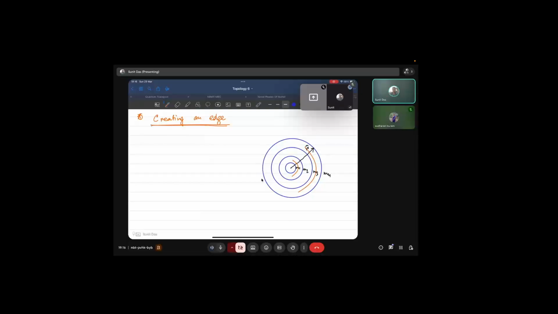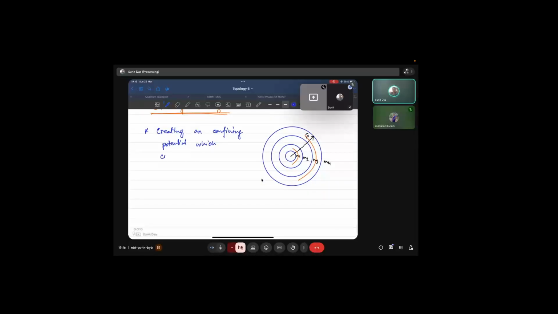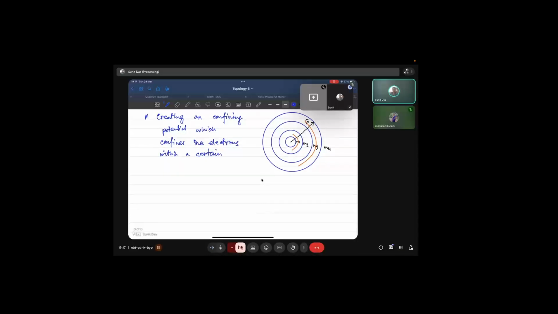So creating an edge essentially means creating a confining potential which confines the electrons within a certain boundary, let's say.